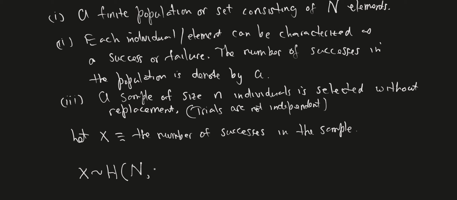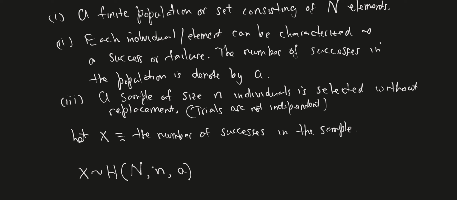Then the little n is the number that you're sampling out of this population. And then A represents the number of successes in that population. So the hypergeometric distribution has three parameters: your population size, your sample size, and the number of ways that you can be successful on each try.